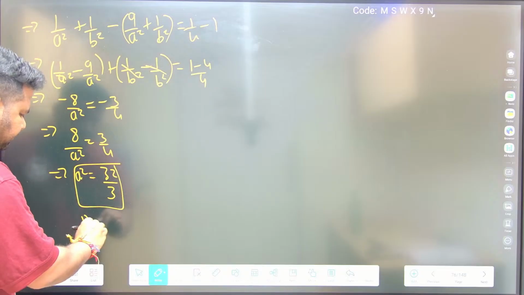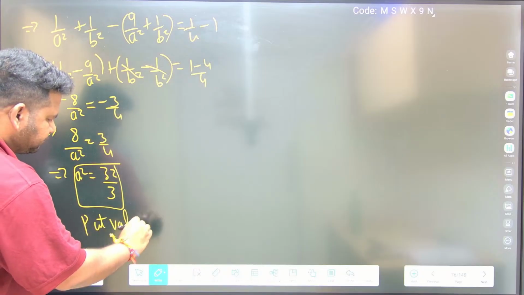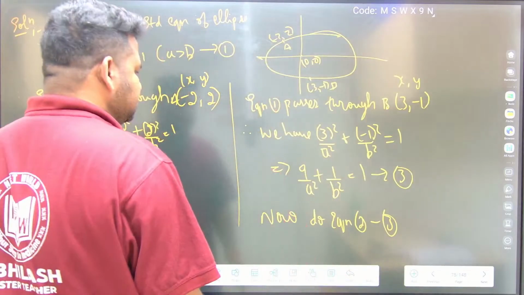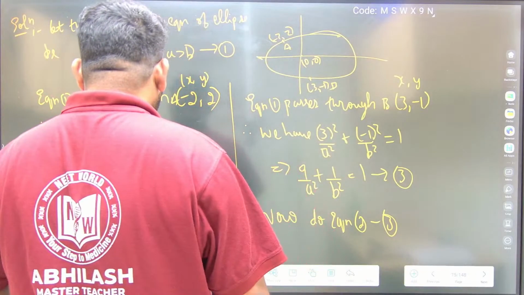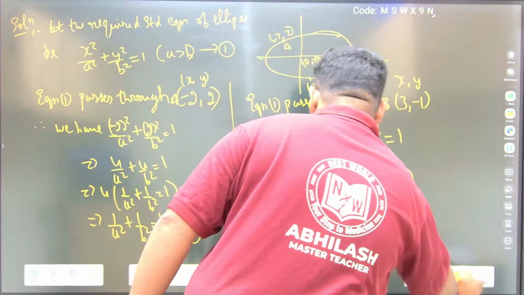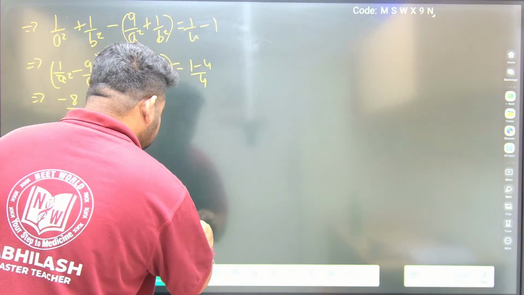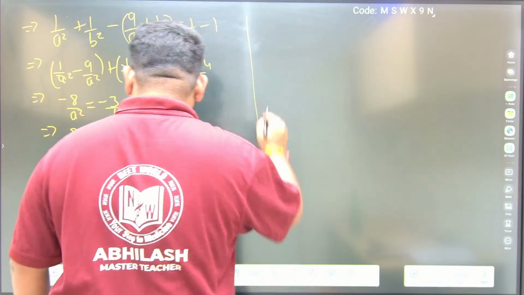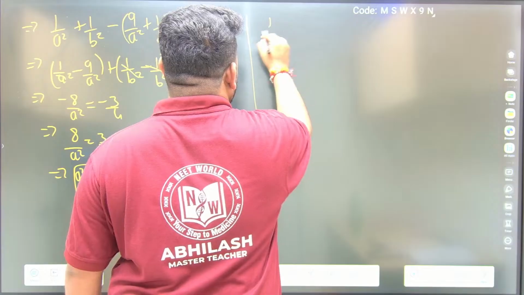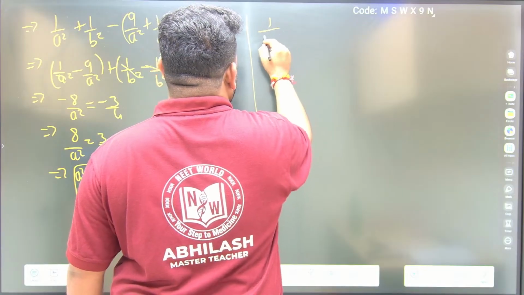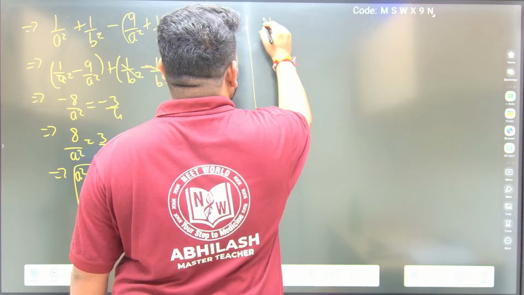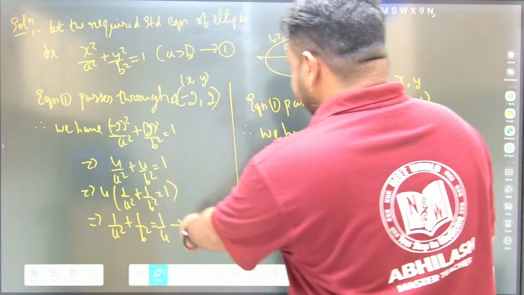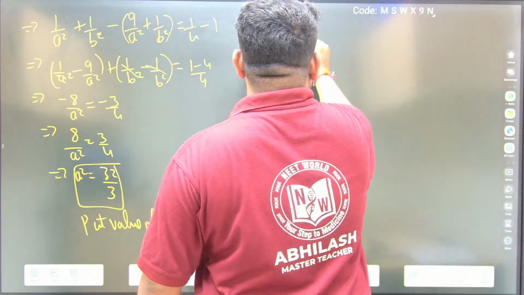Put the value of a square in equation 2. We get 1 by a square, which is 1 by 32 by 3, that means 3 by 32, plus 1 by b square is equal to 1 by 4.